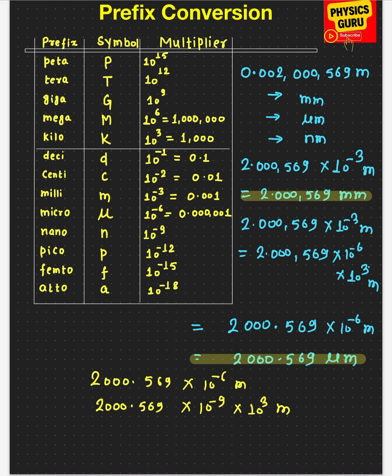Because 10 to the negative 9 times 10 to the 3 is 10 to the negative 6, and this is the nanometer. So I have to multiply this number with this number. 10 to the 3 means 1000, so I have to move 3 decimals towards the right.